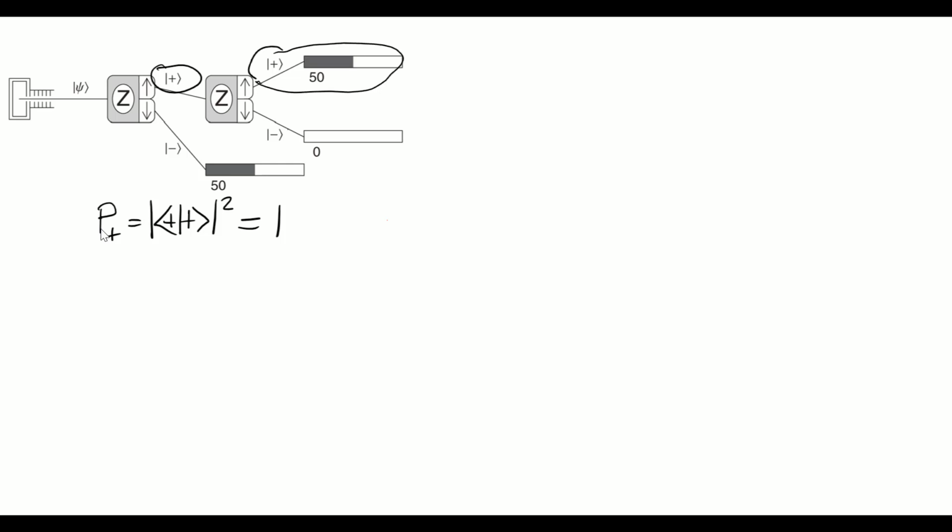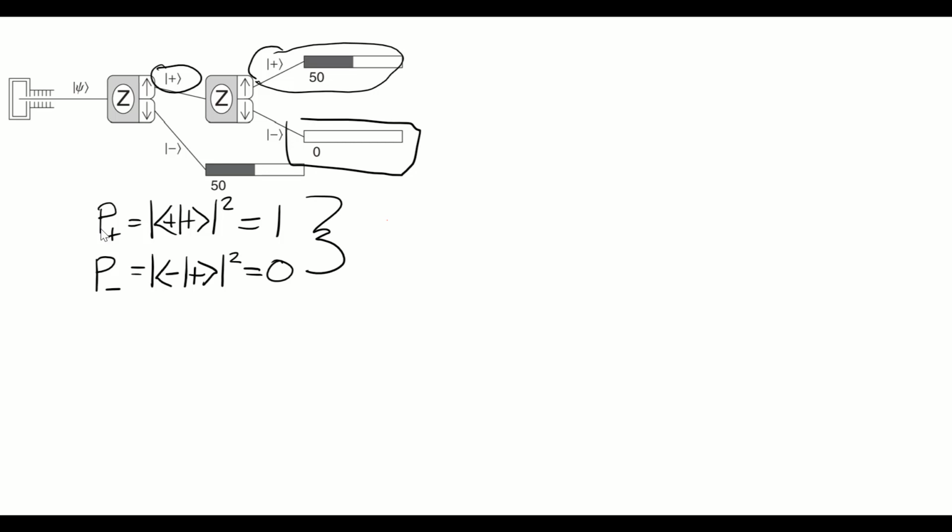All of our input states that are up are measured as spin up. Nothing really huge there. If we were going to do the probability that we measured the spin down state, we would do the same thing, but we would be projecting onto the spin down state our current state plus, and that gives us 0, and we can see that none of our measured states are in the 0 state, so this gives us exactly what we see.